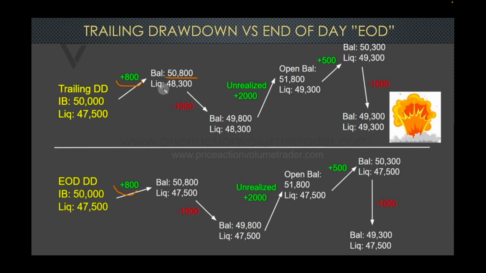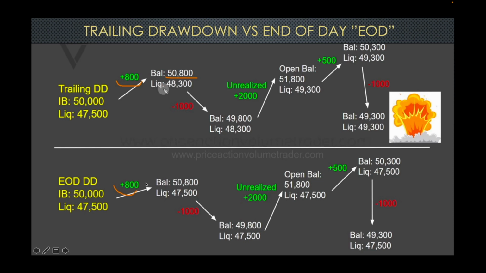Now, some firms have another gimmicking scheme. Yeah, you have $2,500 worth of drawdown, but if you lose $1,000 in a day, you blow your account. So technically, you don't have that $2,500 to trade with. You only have $1,000. That $1,000 is kind of like an end of day drawdown.